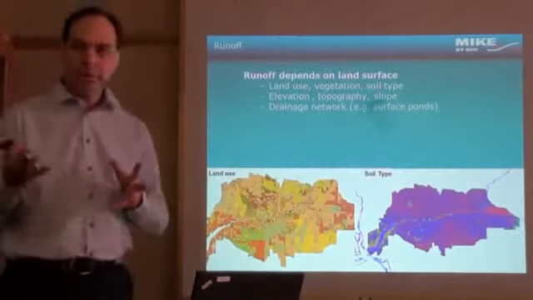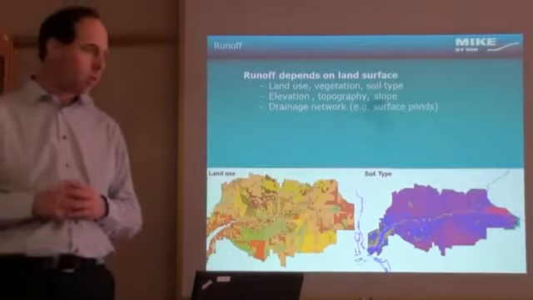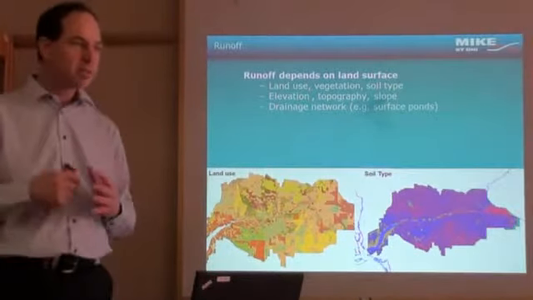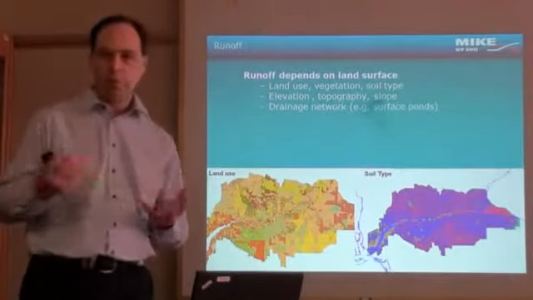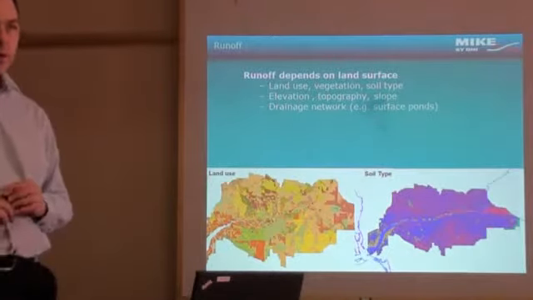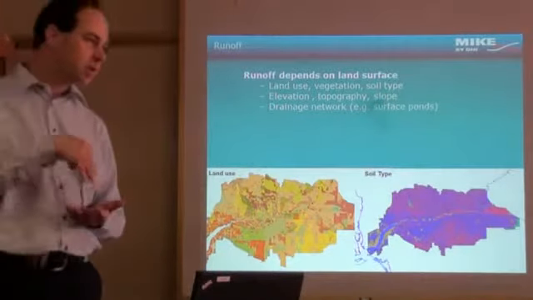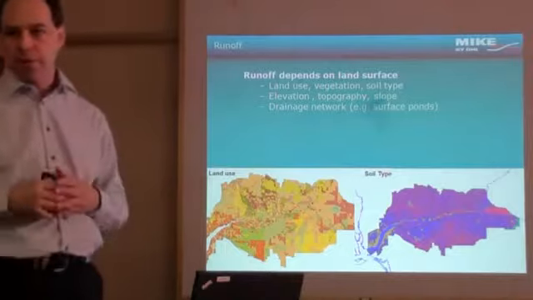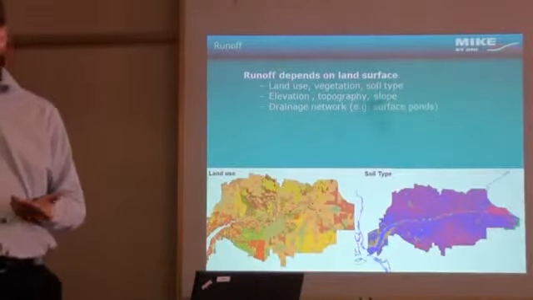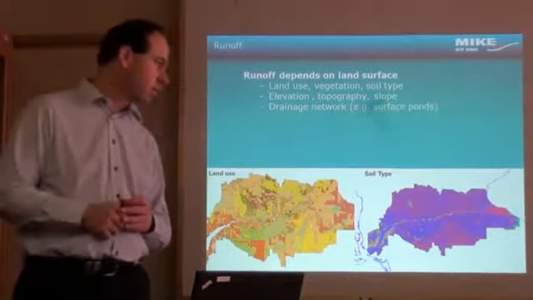Now, when we're thinking about surface water, the way it gets its water is often from a process we call runoff. That is the idea that there's a rapid response in the stream or river to rainfall.